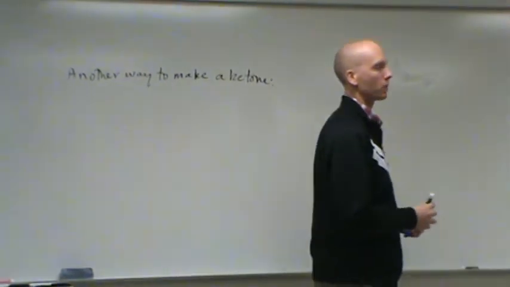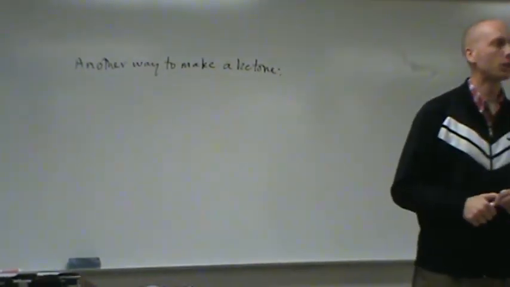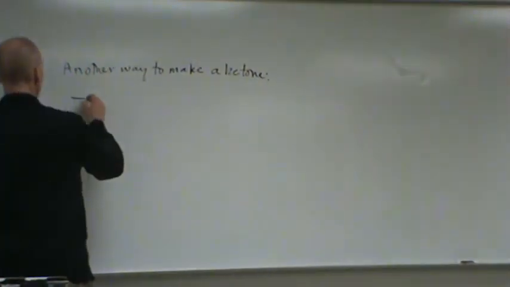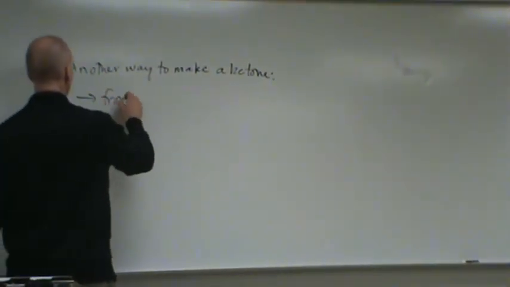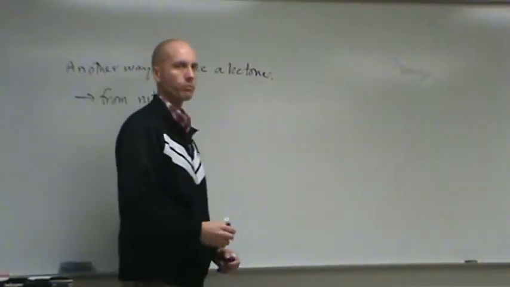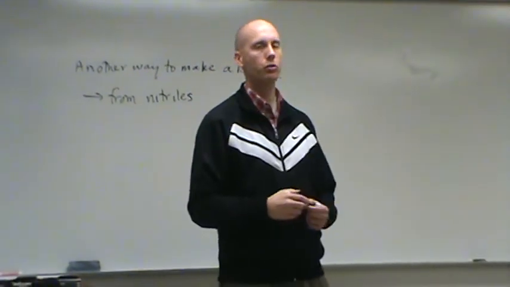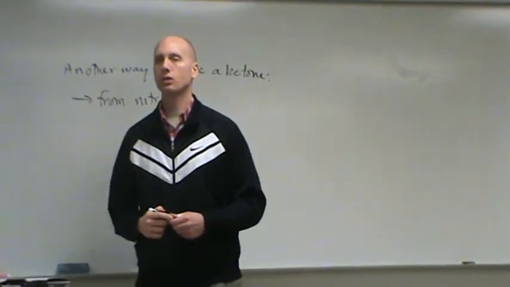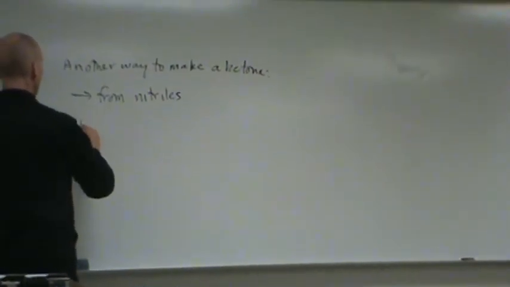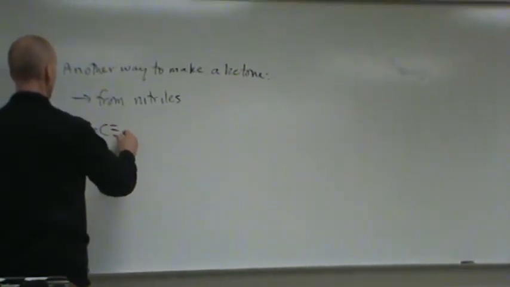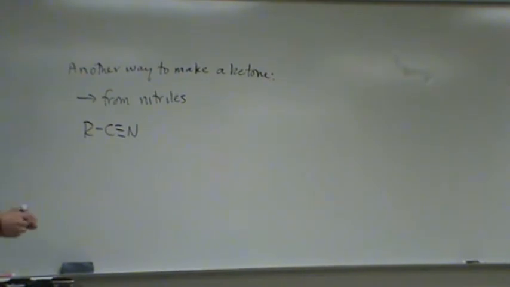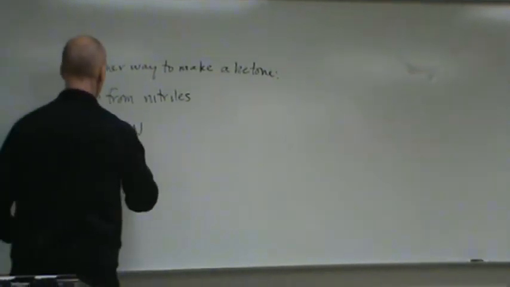One other way to make a ketone, and we saw a couple other ways last time, is from nitriles. So remember what a nitrile is. That's where we have a C triple bond N on the molecule.